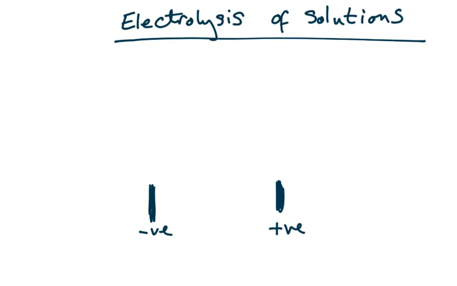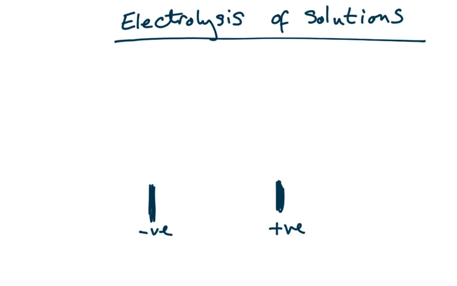At GCSE, you have to be able to predict what is going to be added or come off at each electrode. So come off if it's a gas, or added on if we're looking at a metal. Fortunately, there's a very limited number of ions that we can look at for each electrode.